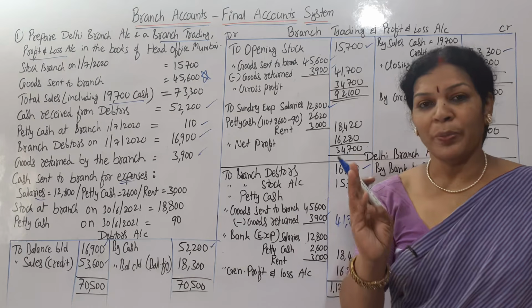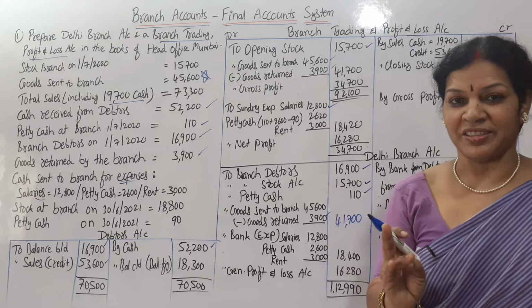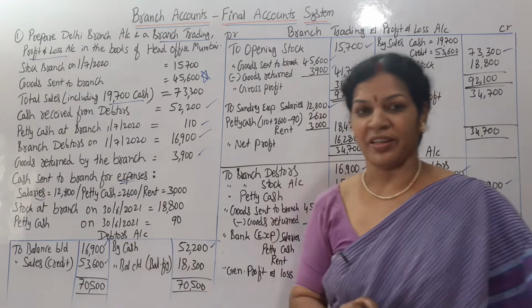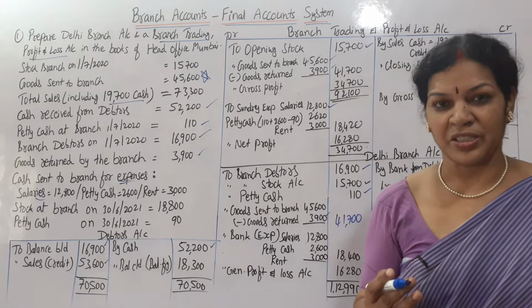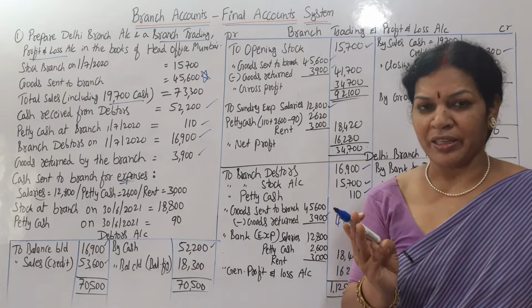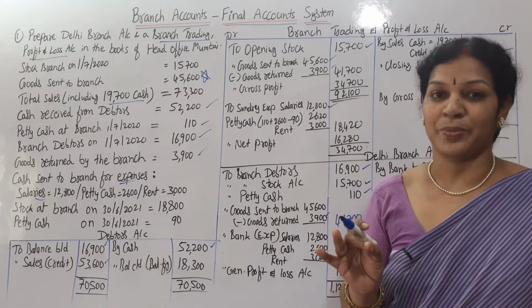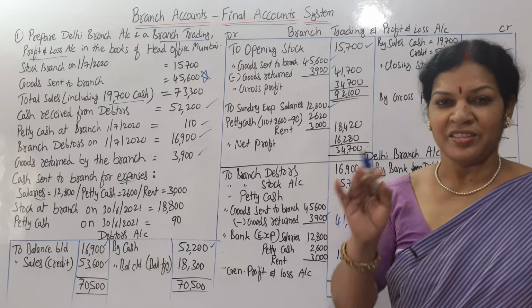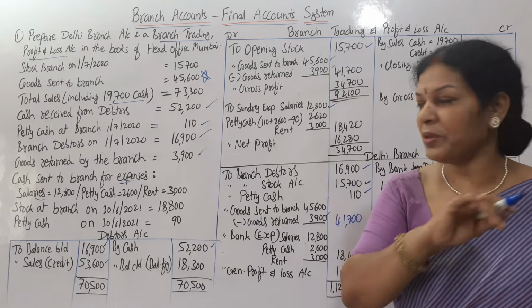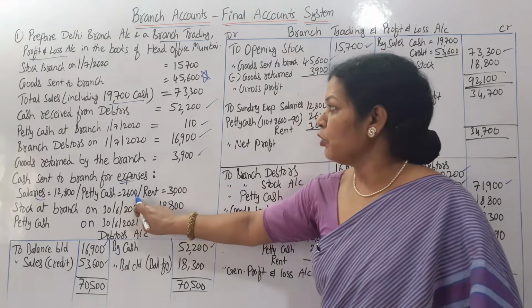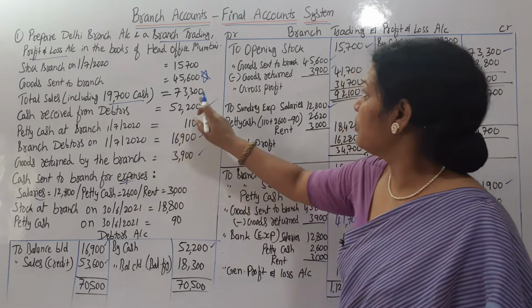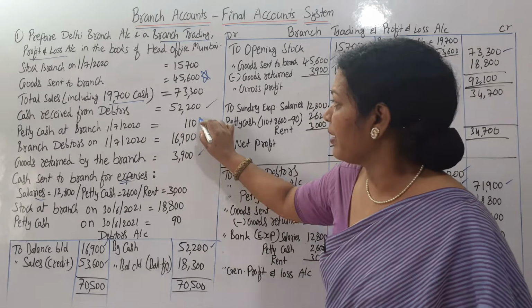Petty cash, opening balance is there, closing balance is there, and also expenses are there. To know the expenses exactly, opening balance plus expenses minus closing balance, you will get the expenses, right? Just like the non-trading accounts we have done. So petty cash opening balance is here, how much? 110.